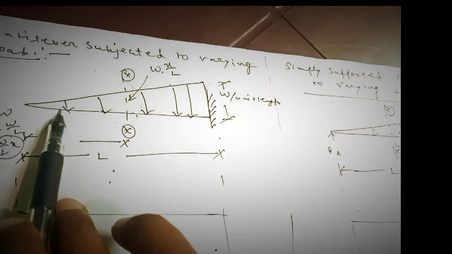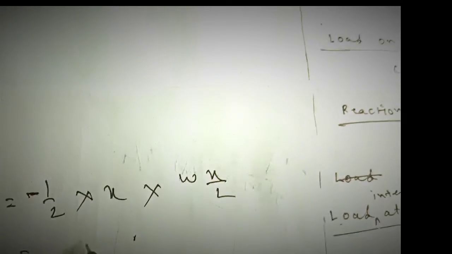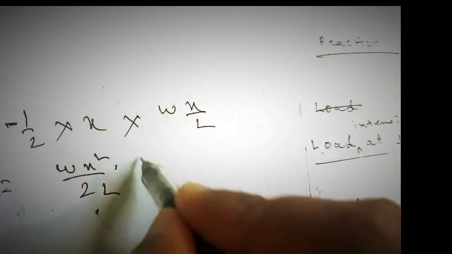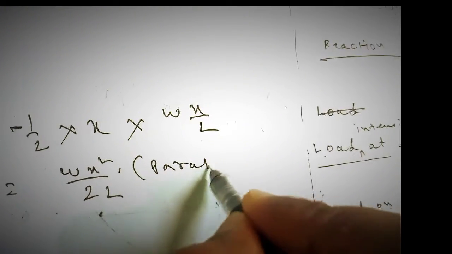This is W into X by L. So put here W into X by L. Now this is section XX. Left downward, it is negative, so I'll put negative here. So how much is the shear force? It is Wx square divided by 2L. So it is square, that means it is a parabolic variation.